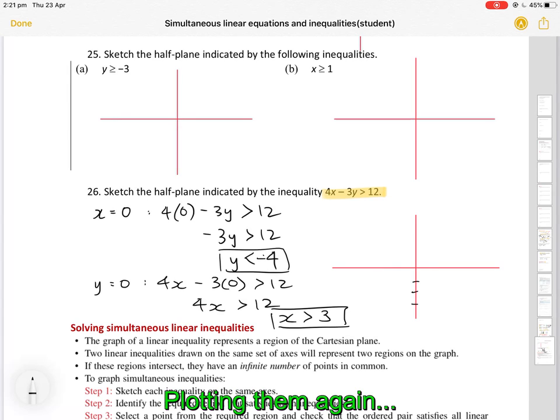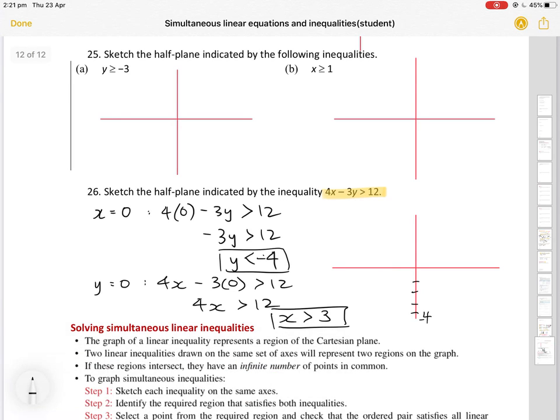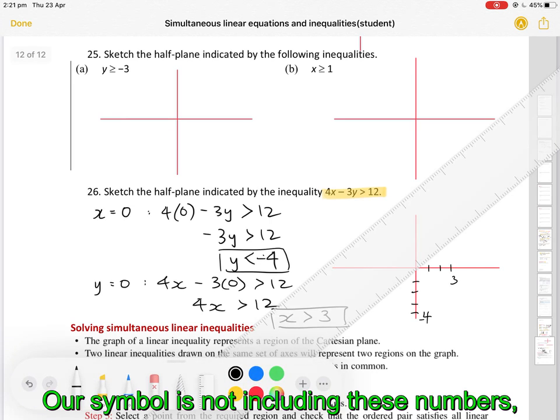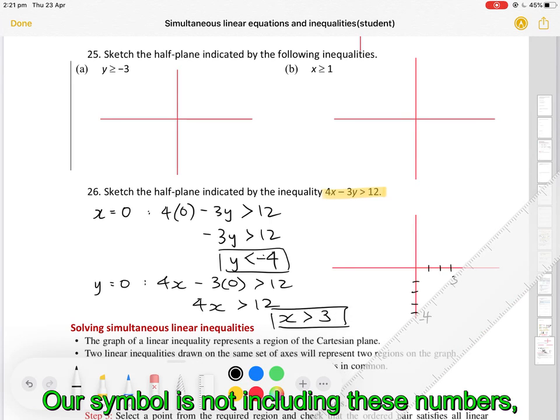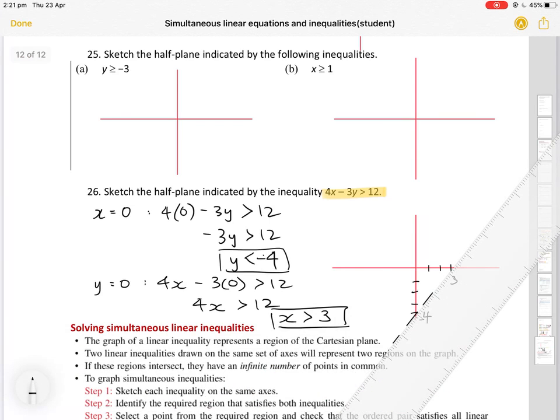Plotting them again. -4 and 3. Our symbol is not including these numbers, so we use a dashed line.